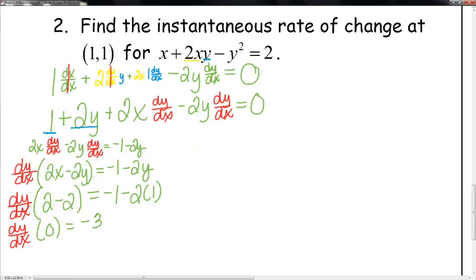So this will give me negative 3. Divide both sides by 0, and I have a problem, and this is going to lead into the next video. When I have a 0 in the denominator, we're talking about an undefined slope. So I have a vertical tangent line, and we're going to say m is undefined.